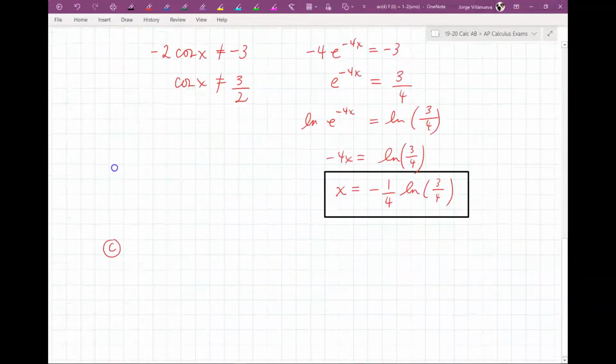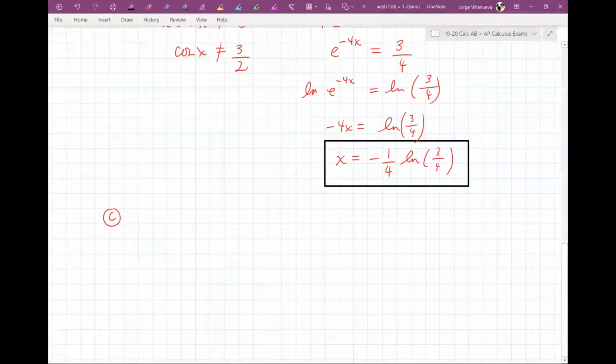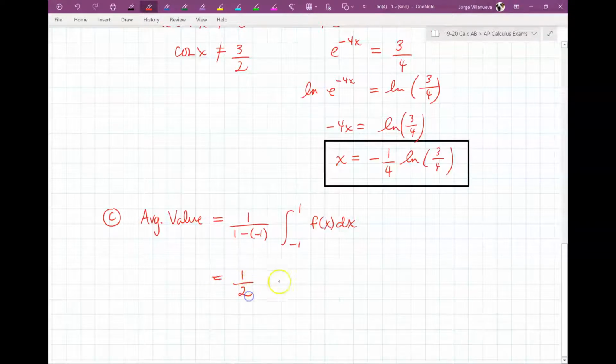So the average value is going to be 1 over b minus a, so 1 over 1 minus -1, integral from -1 to 1 of f of x dx.